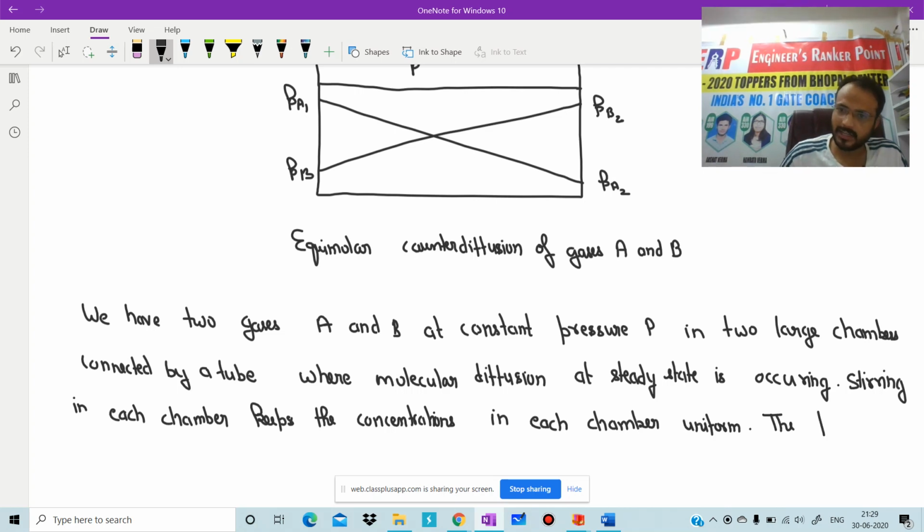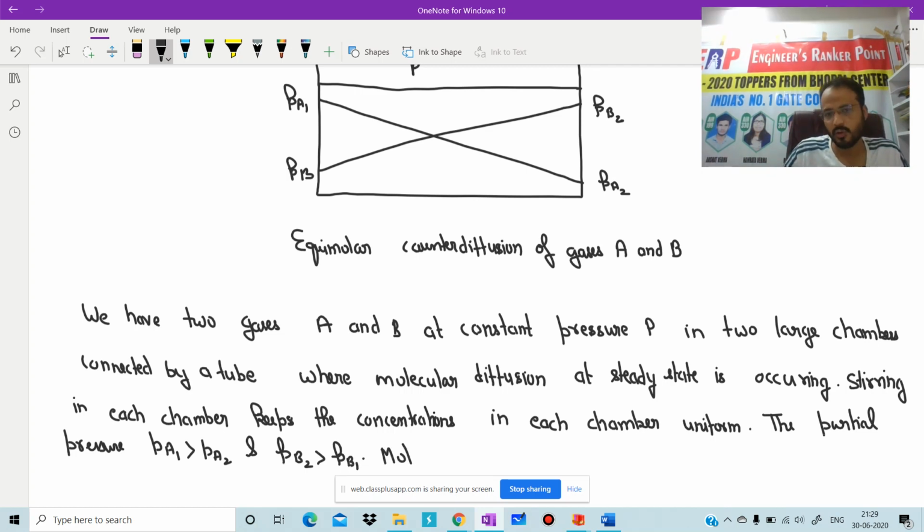And we already know that the partial pressure PA1 greater than PA2. That's why it is going from left to right, and PB2 greater than PB1. Is it clear?